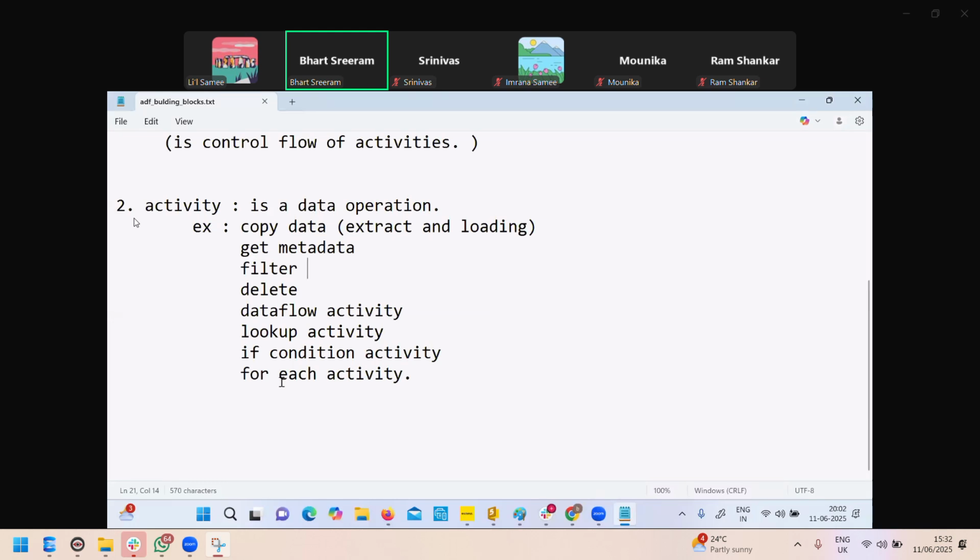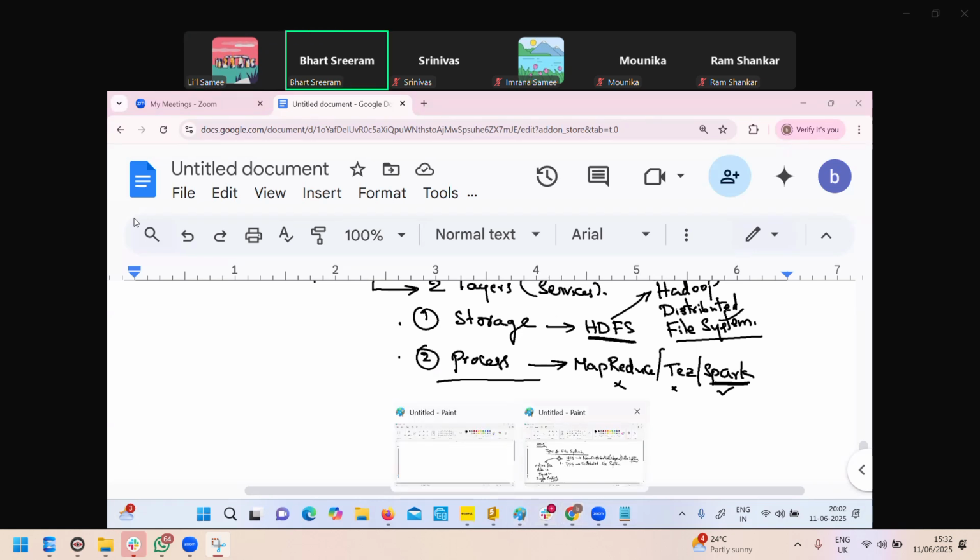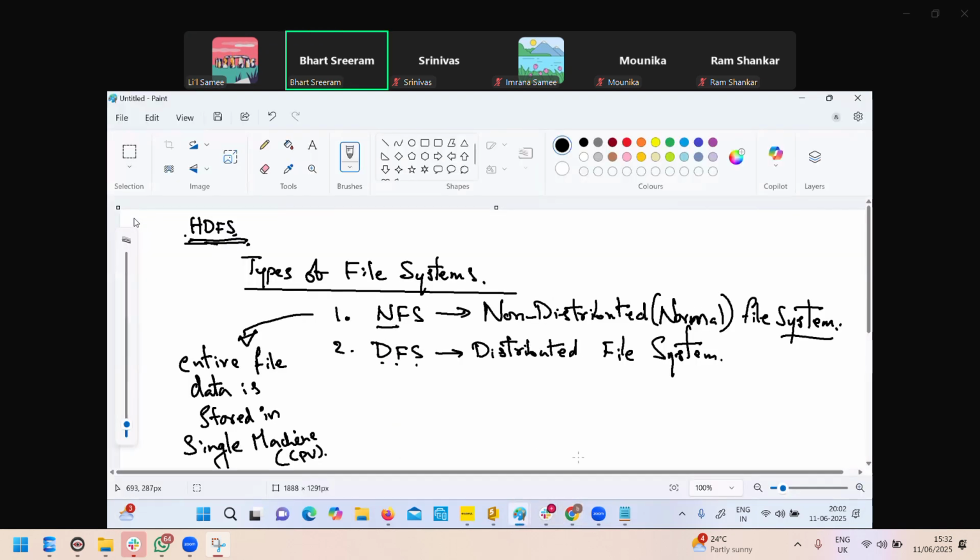In my laptop, in my hard disk. Is the entire data stored in one machine or multiple machines? One machine. This is the regular behavior of a non-distributed, or normal, file system.